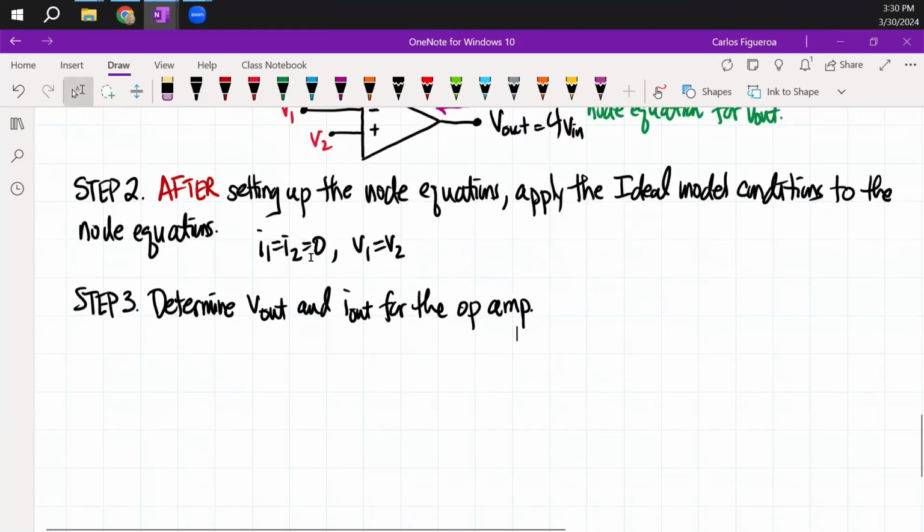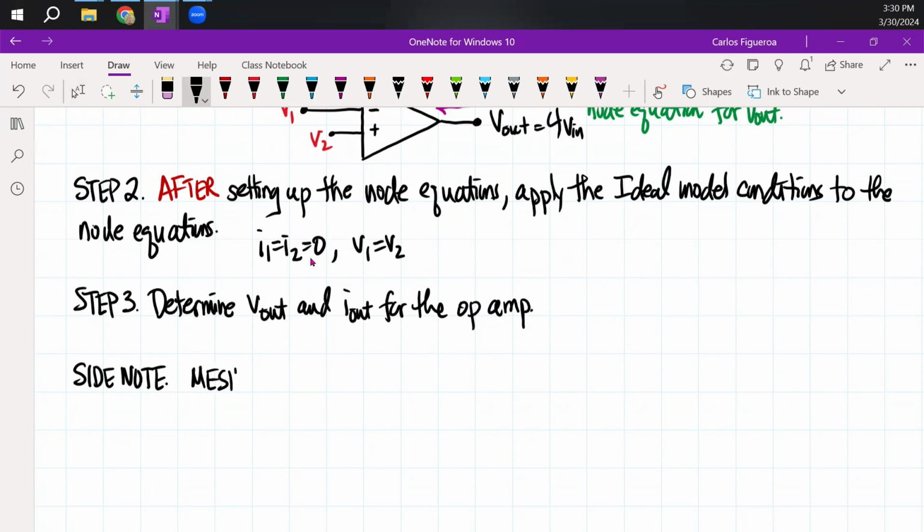Now, I want to make a side note to be clear on why we can't use mesh and loop analysis. Mesh/loop analysis cannot be used on op amps.